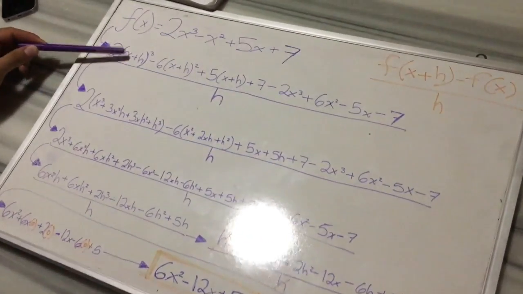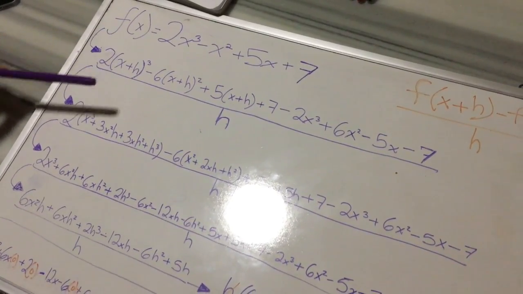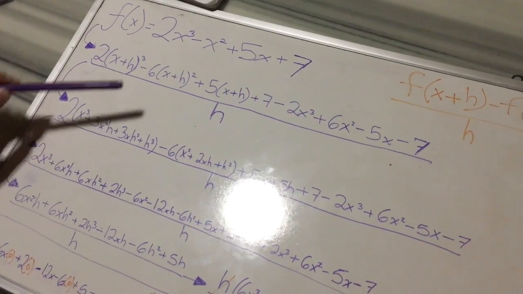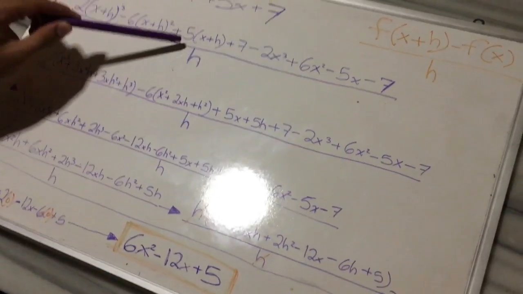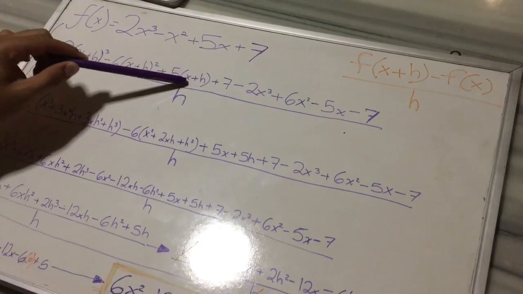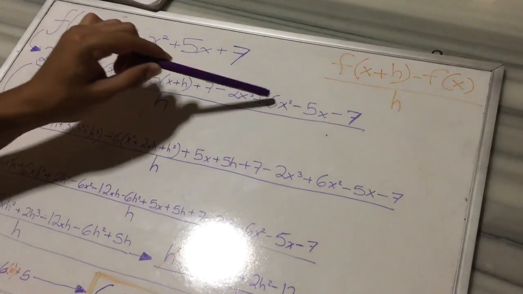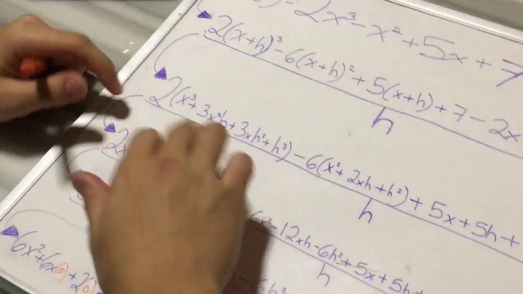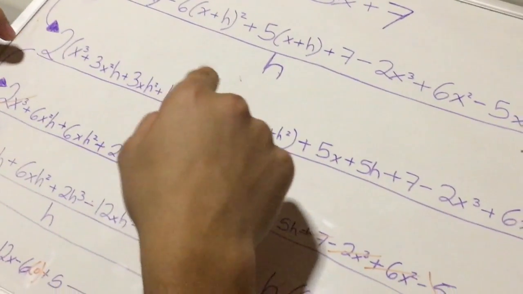Here we use the formula of the binomial cubed, which gave us this equation. Then we use the binomial squared, which gave us this equation. And then here we just multiply the 5 times the x times the h, and we put the rest of the equation just as it is on top. Then in this equation we multiply the 2 by its parentheses, the same as with the 6.